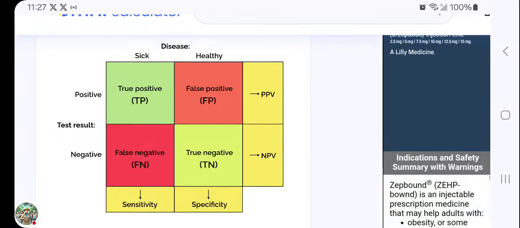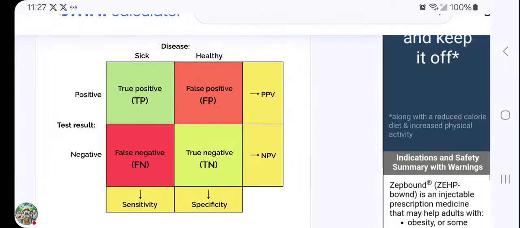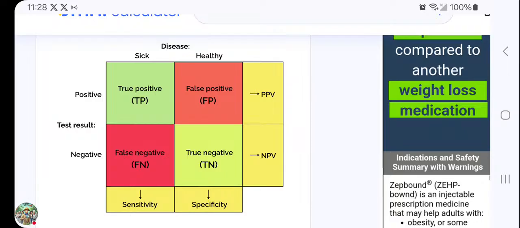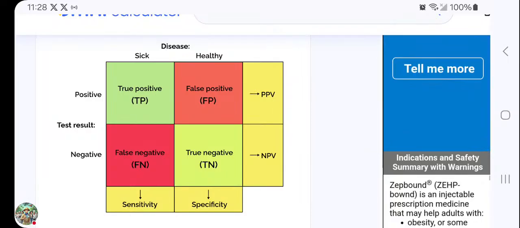PPV equals TP over TP plus FP, right? Which is true positive over the total number of positive test results: true positive plus false positive.